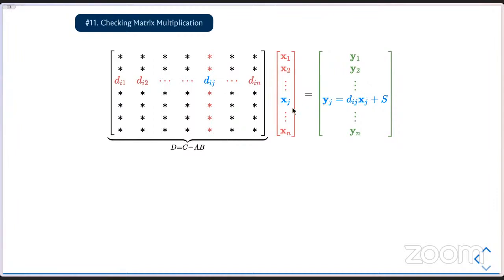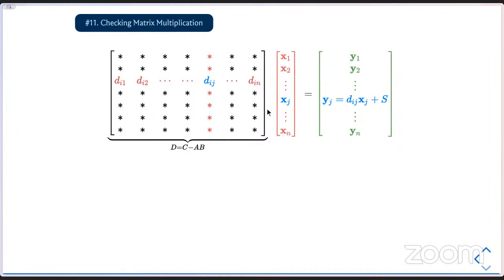We know that Xj was an independent and fair coin toss, so Xj is 0 with probability half and 1 with probability half. And remember, what I want to do is say that Y is non-zero with probability at least half.